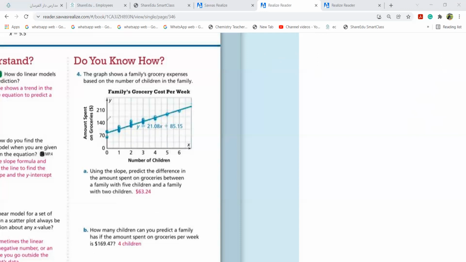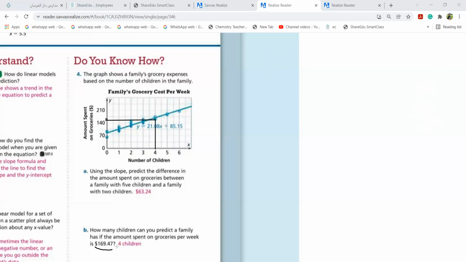Okay, girls, here what did they say to us? How many children can you predict a family has if the amount spent on groceries per week is $169? So 169, where does it come, girls? Between 140 and 210, right? Somewhere here. So why did they select 4? Let us check. They selected 4 like this. 4 children, girls.